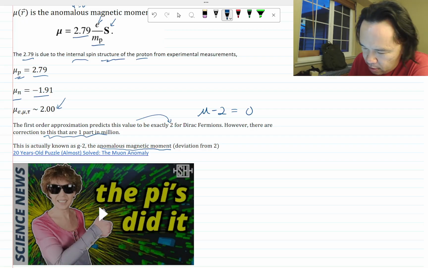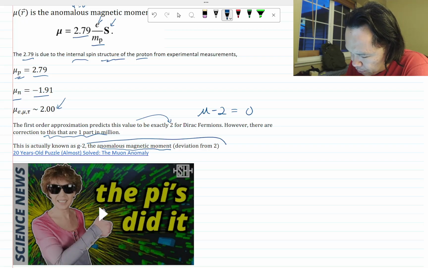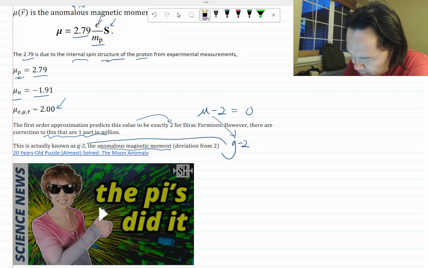But this book is using it differently. Other people have used different nomenclature, and generally the particle physics community uses g instead of mu. It's just an easier number for people to understand instead of these Greek letters.